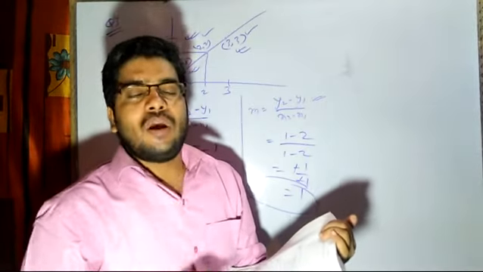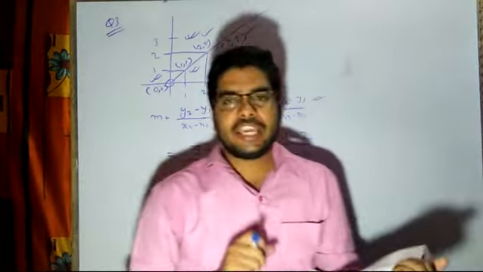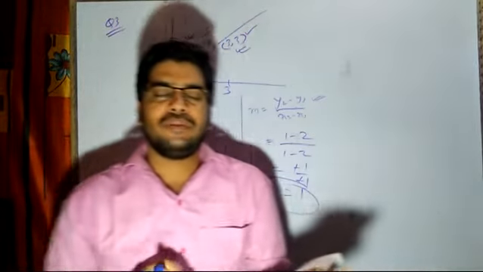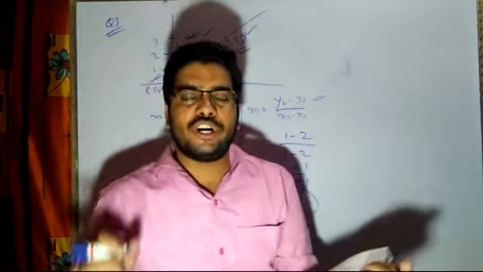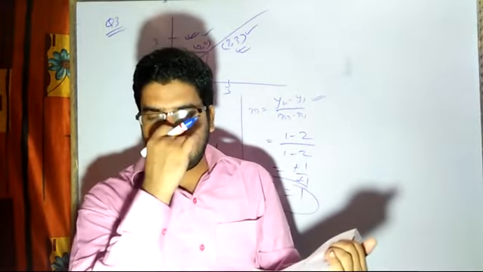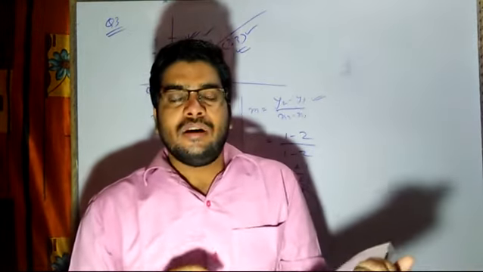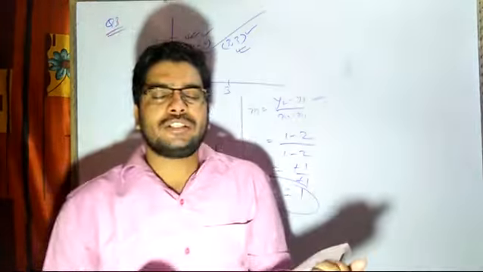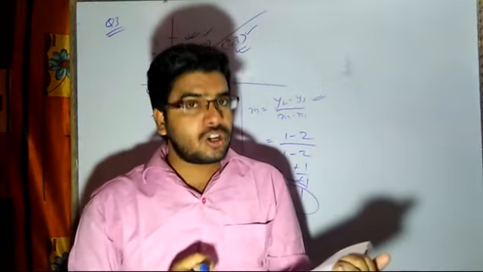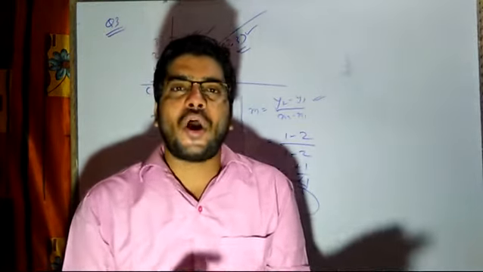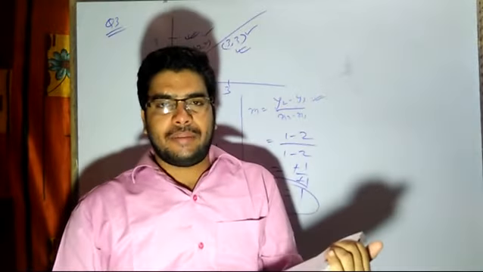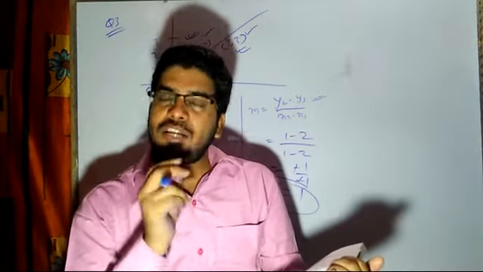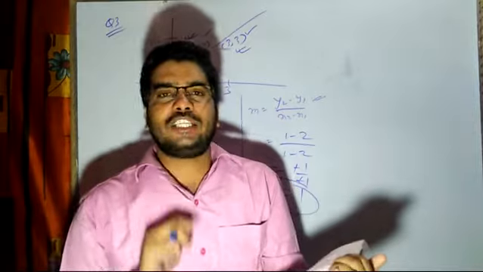Once again I repeat, if they give you an equation and then they give you certain points, and then they ask to check whether these points lie on those lines or whether these points satisfy the equation of the line, either they will say check or satisfy.